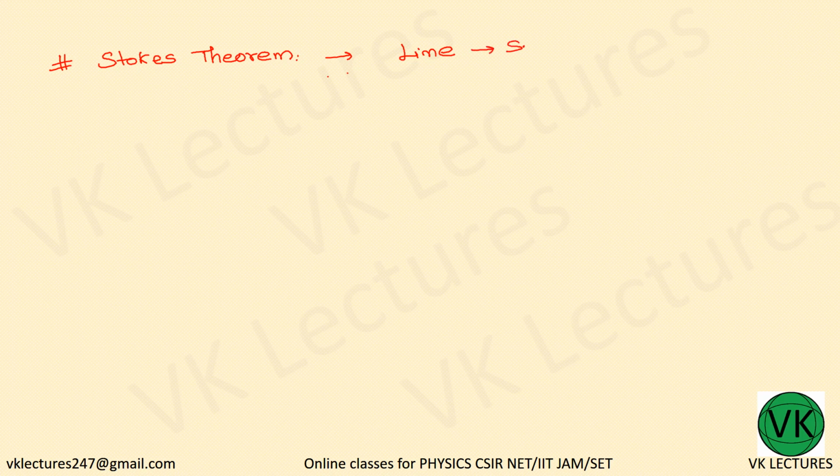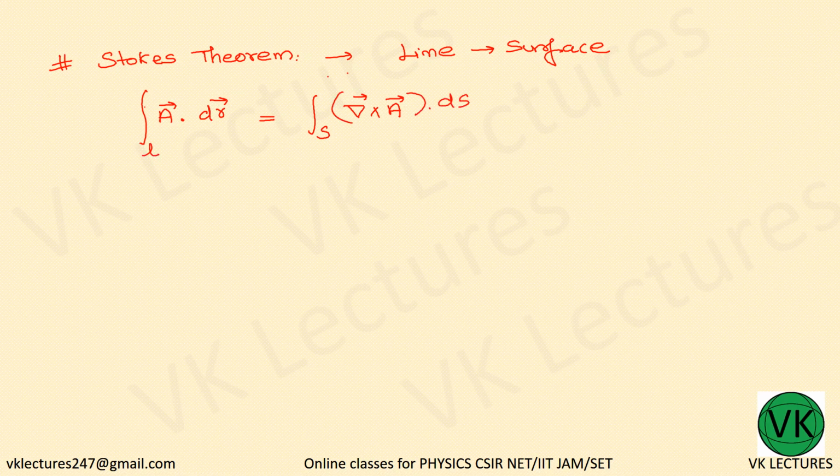The integral a dot dr is equal to the integral over s of del cross a dot ds. Here this is the line integral a dot dr, and we are converting it to the surface integral del cross a dot ds. Okay, so this is Stokes theorem.